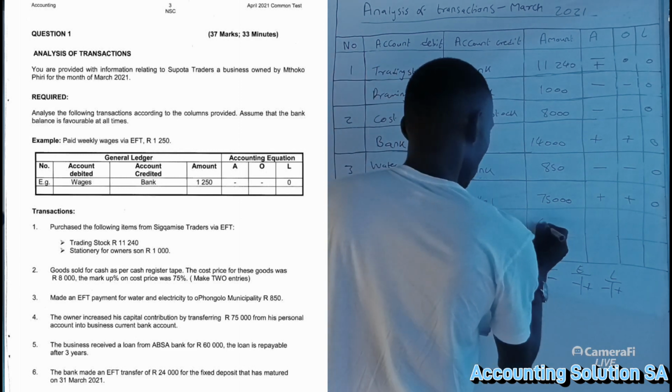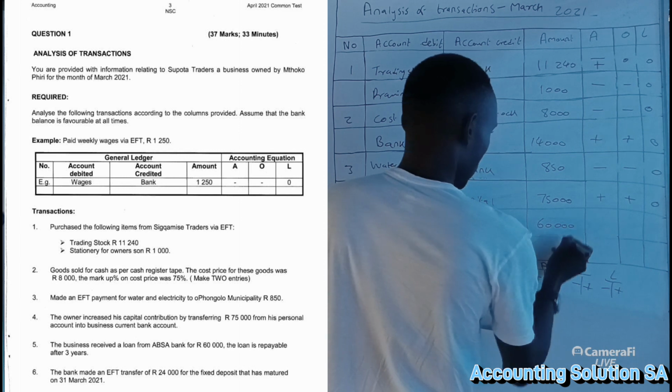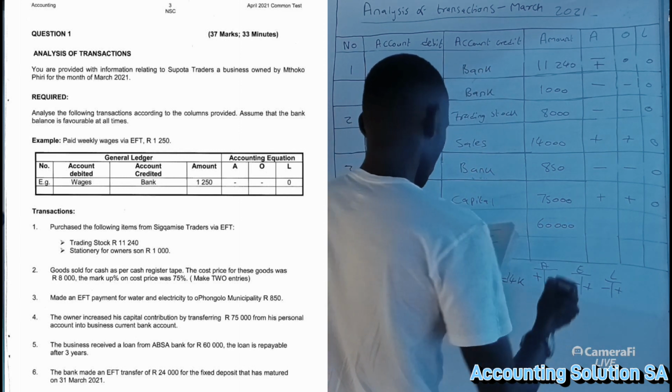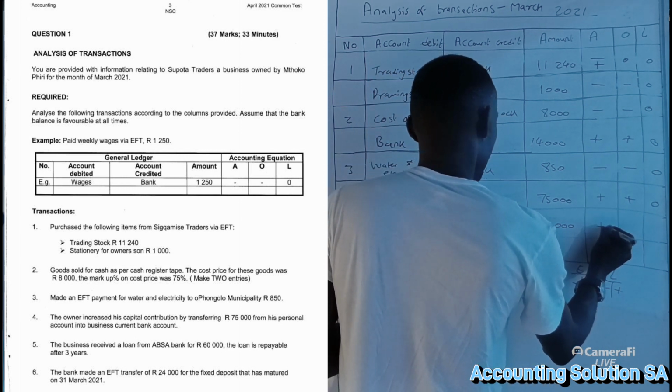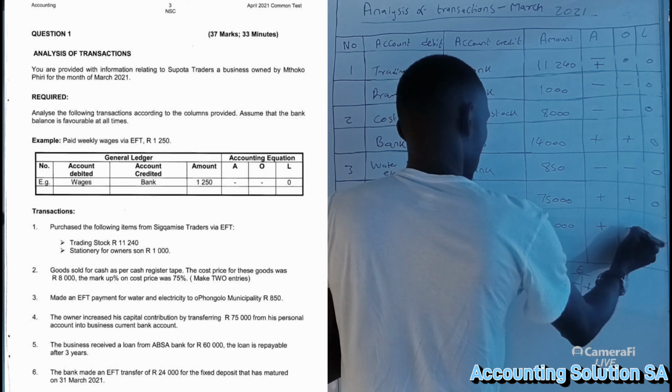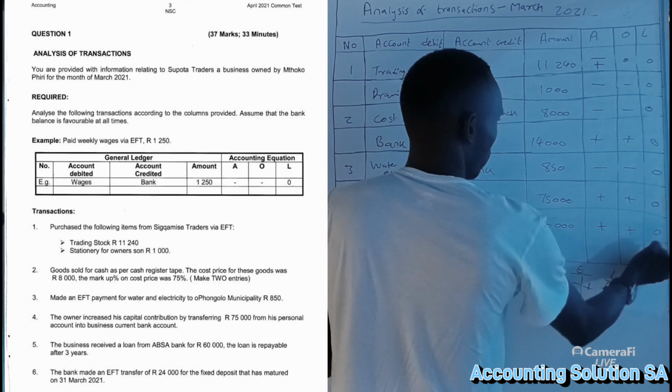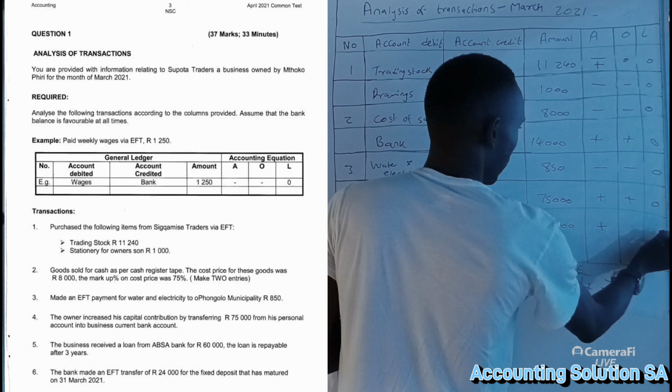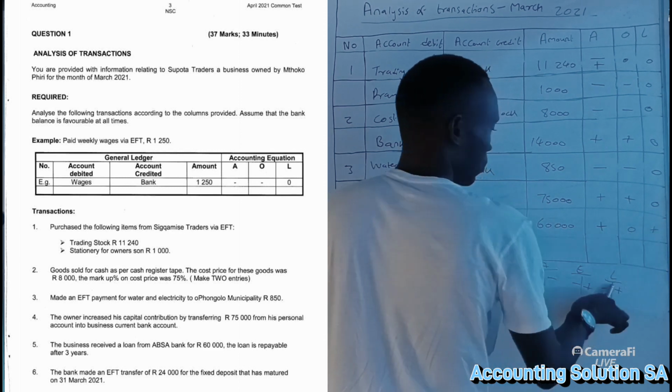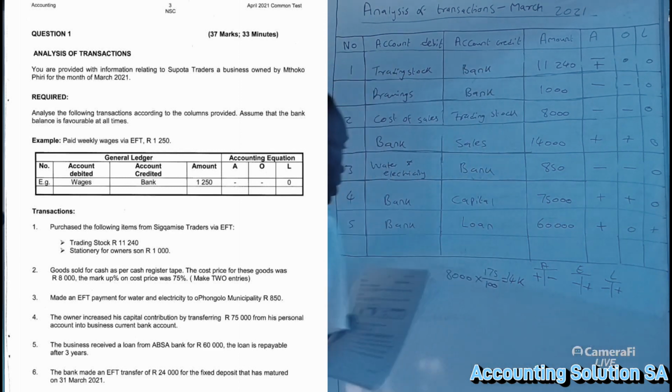Okay, and the amount is 60,000. Okay, bank is going to be plus, and liability is going to increase. A liability increase here because it's increased on the credit side.